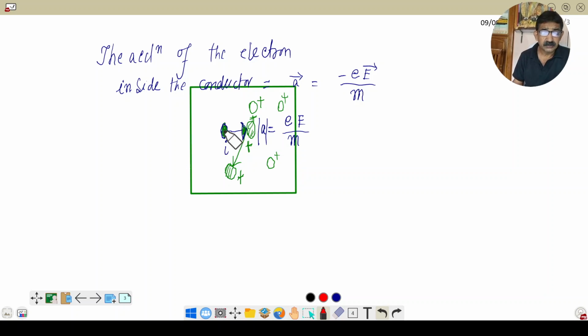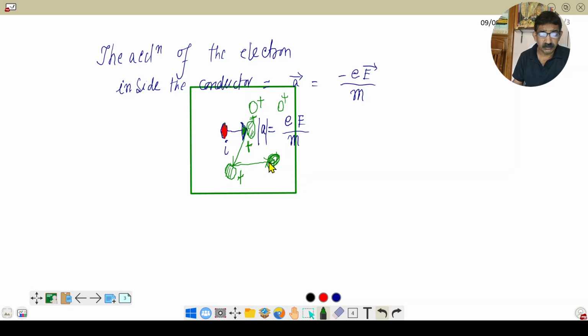We are just changing the color. This is the electron. So the electron is here, and then it will change its direction of motion. That means it may move along this direction. And this is the new position of the electron and the ion.